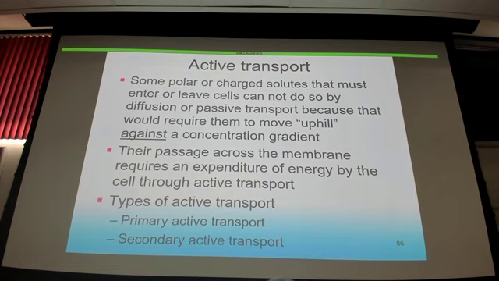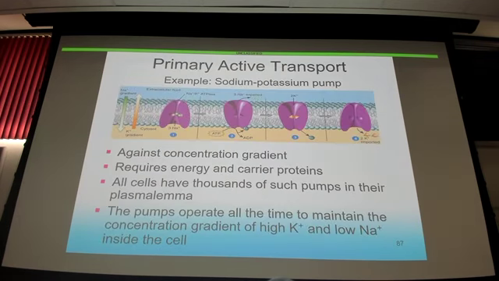When you look at the polar charges and how many molecules, and we want to take them against their gradient, we can use primary active transport or secondary active transport. You're going to hear a lot about it in almost every class this semester. The most discussed integral protein is probably the sodium-potassium pump.